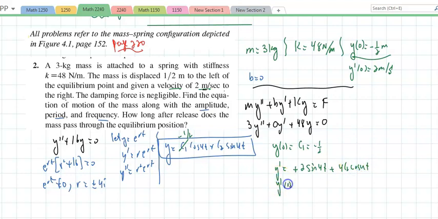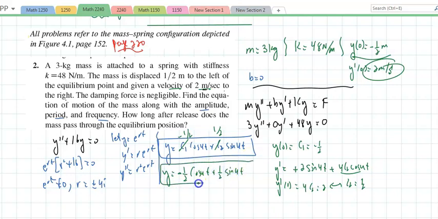And if I take y prime of 0, that would be 4c sub 2, and that equals 2, which indicates c sub 2 equals 1/2 as well. So negative 1/2 and positive 1/2. So y equals negative 1/2 cosine of 4t plus 1/2 sine of 4t. That would be the standard equation.